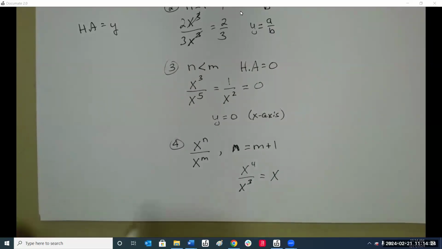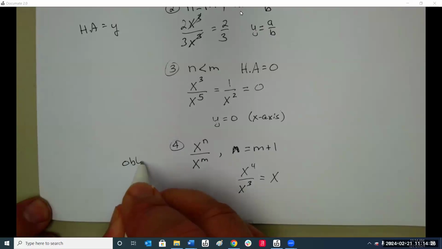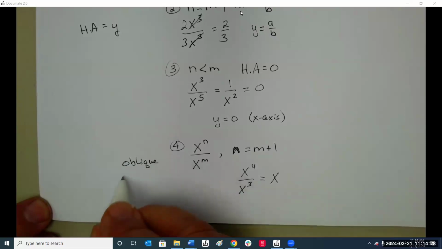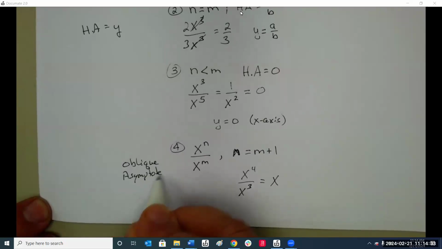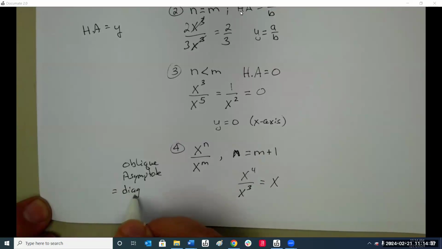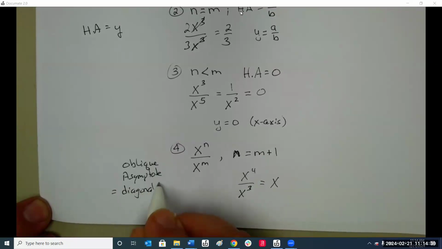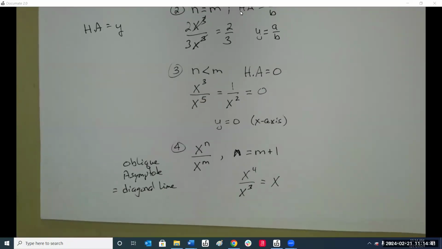If you have oblique asymptotes, you have a diagonal line, or a line with a slant.